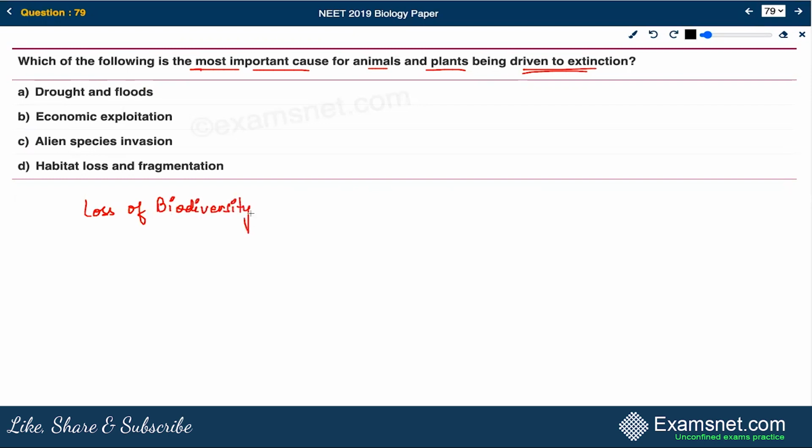One of the most important reasons for the cause of extinction is habitat loss and fragmentation. So there is habitat loss and fragmentation. Then there is alien species invasions.